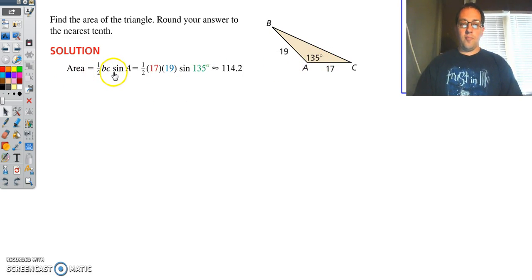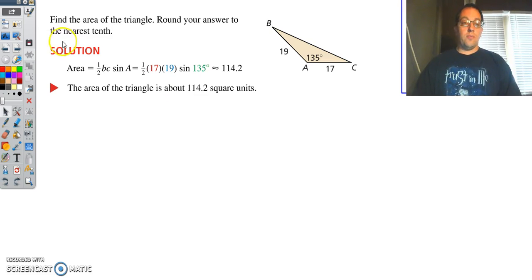So 1/2 BC sine A. So 1/2 times 17 times 19 times the sine of 135 degrees, which gives us approximately 114.2. You can just type this straight into your calculator just like it looks. And so that's the area, approximately 114.2 square units.